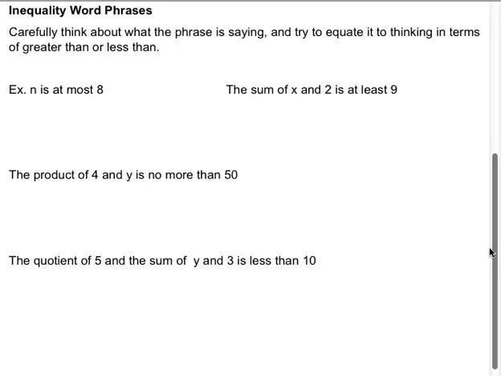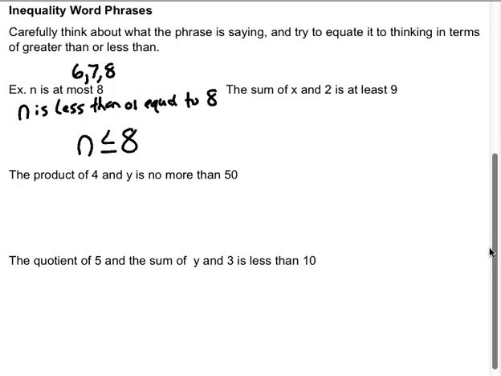If it can be at most 8, it could be 6, it could be 7, it could even be 8, but it can't be anything greater than 8. So being at most 8 basically means n is less than or equal to 8.